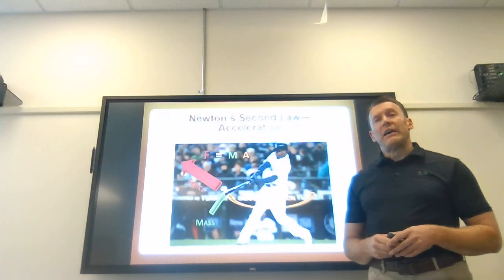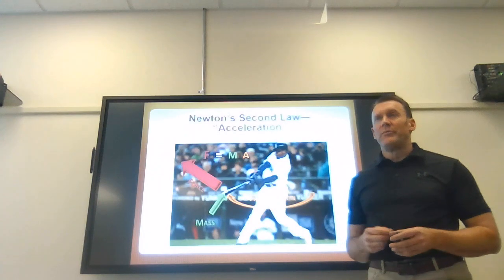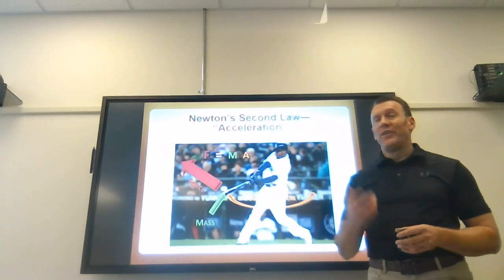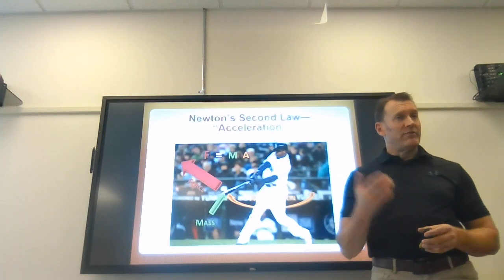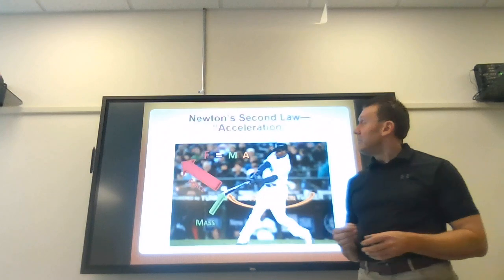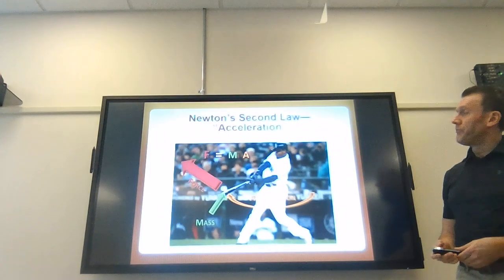A lot of athletes will have little devices that they can put over the knob of a bat, which give them real-time feedback on their cell phone app on how fast each swing was. So swing speed, just like in golf, is really important in baseball as well.